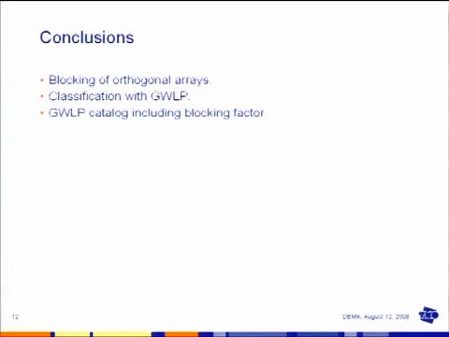We can easily base blocking arrangement on a catalog, a catalog that is ordered according to the generalized word length pattern, and then project a parent array in an array with one factor less to obtain a blocked array. I discussed 3 blocking criteria. Oh, and that was it.